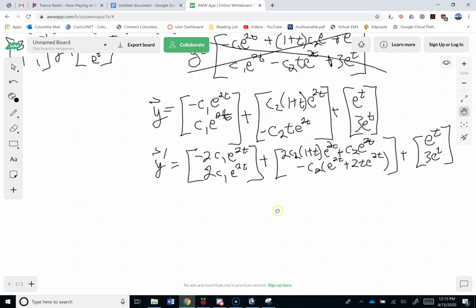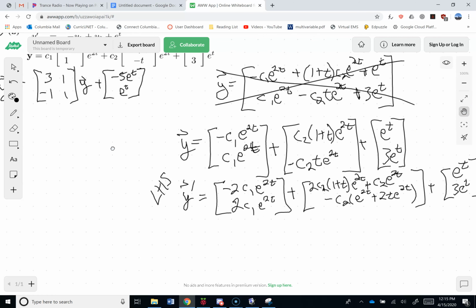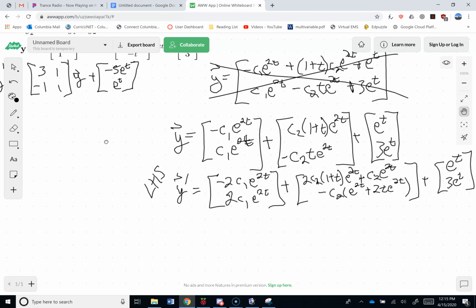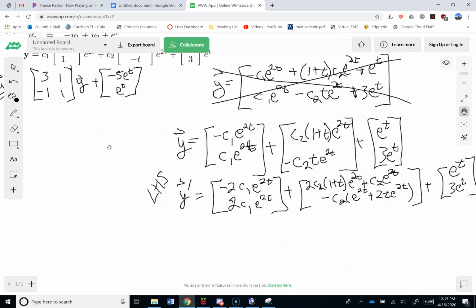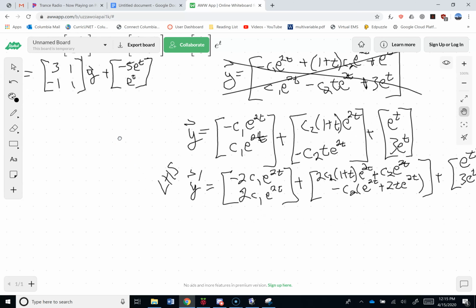So then that's my left-hand side, right? And then my right-hand side, I'm going to need to take this whole thing and multiply it through by this 3, 1, minus 1, 1 matrix. Okay, so let's do it up.